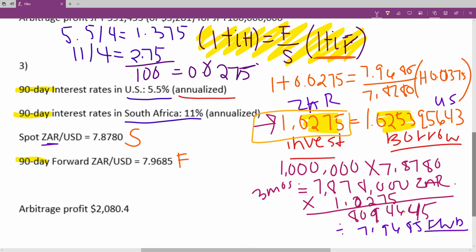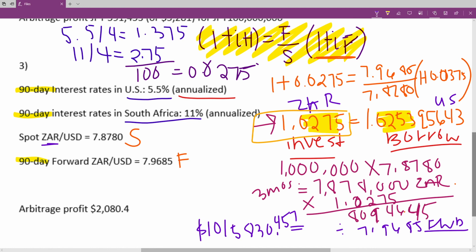So this is going to equal 1,015,804.57. Okay, so this is in US dollars now.